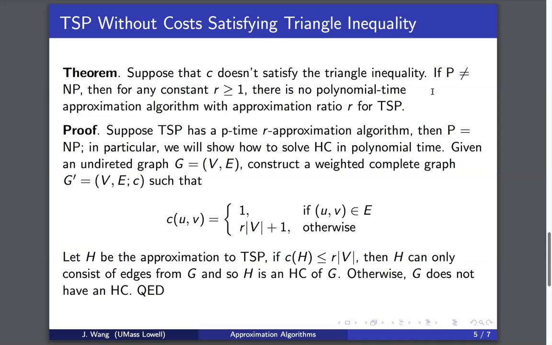Normally people would like the approximation ratio to be 1 plus epsilon, right? Epsilon is greater than 0, but they want that epsilon to be as small as possible. So that direction of work is highly mathematical. Play a lot of mathematical tricks.